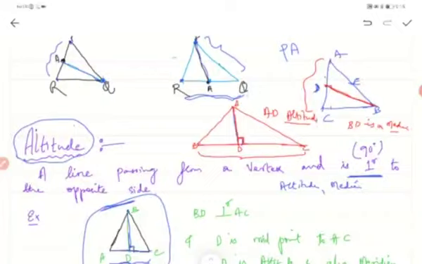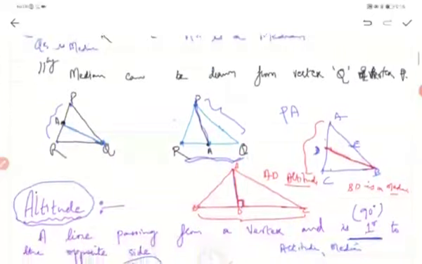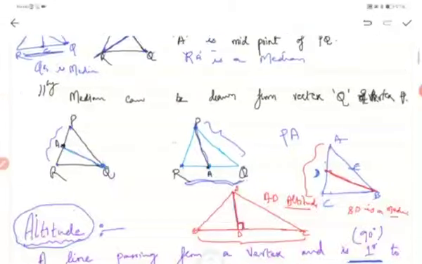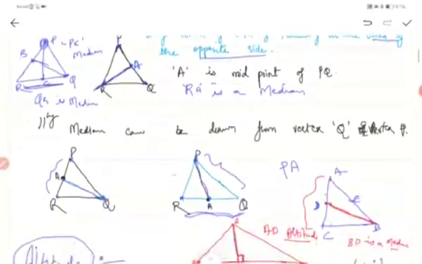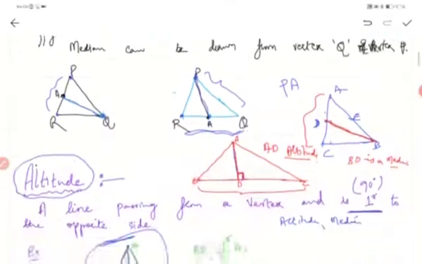I think for today this is enough, and I hope all of you will remember these two terms, median and altitude. Median is what? A line passing from any vertex of a triangle and cutting at the midpoint of the opposite side, then it is a median.